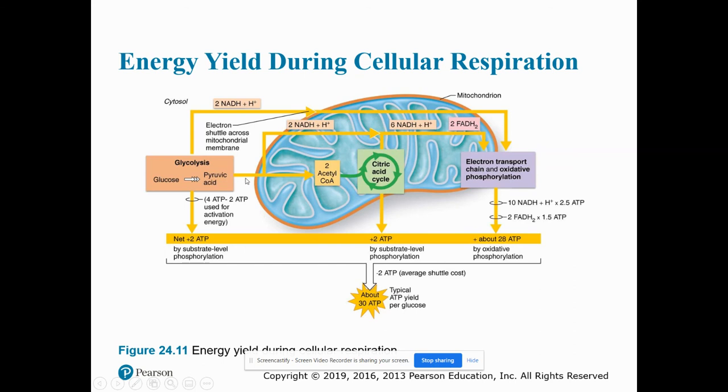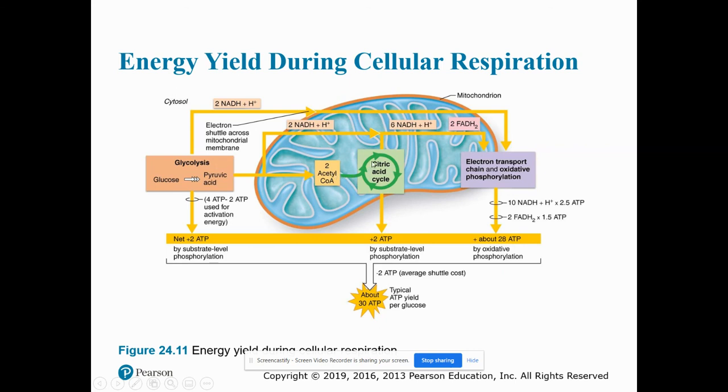This pyruvic acid is going to enter the mitochondria and go into the transitional phase, which is not really marked too clearly here, but that's what this is trying to show us. And 2 NADH are going to come off of this and once again go to the electron transport chain and oxidative phosphorylation. From the transitional phase, we make 2 acetyl-CoA.